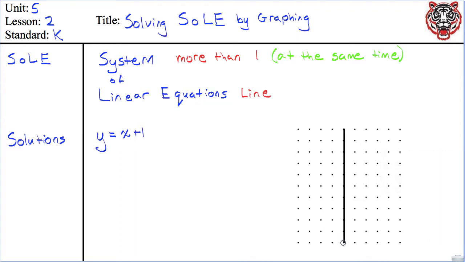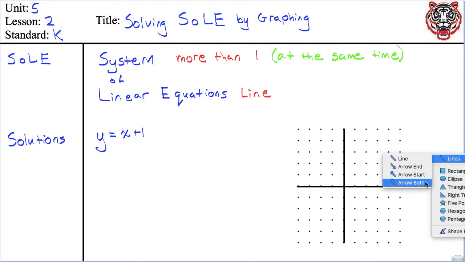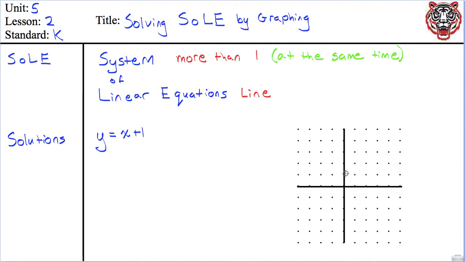I'll graph this for us, but if you already know how to do it, you can go ahead and do that. It has a y-intercept of 1, and it has a slope of 1 over 1. So a slope of 1 means I go right 1, up 1. Right 1, up 1. So there's my line.